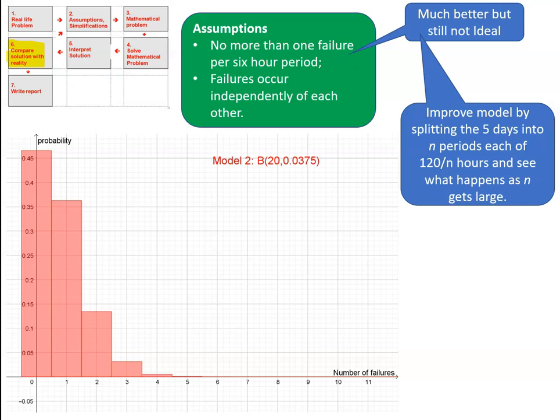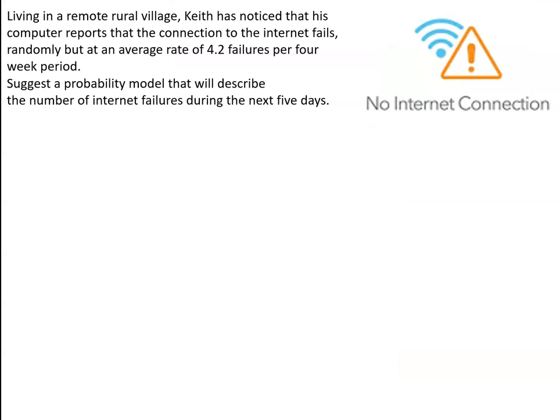So what we're going to do now is try and generalize what we did moving from Model 1 to Model 2. We're going to improve the model by splitting the 5 days into n periods, each of length 120 divided by n hours, and see what happens as n gets large. So let's see how that runs.